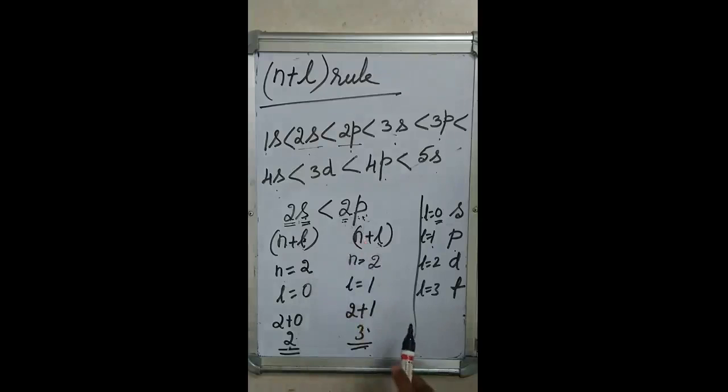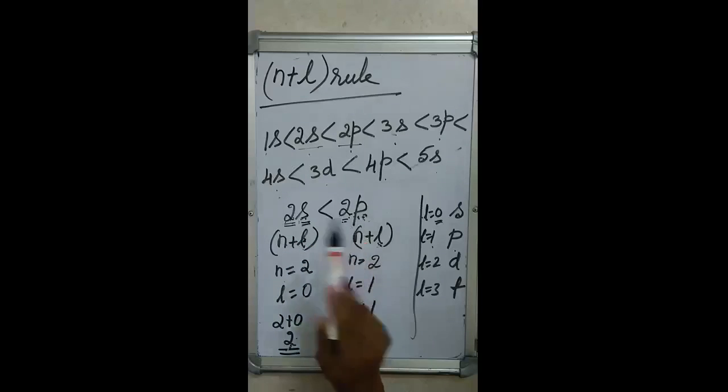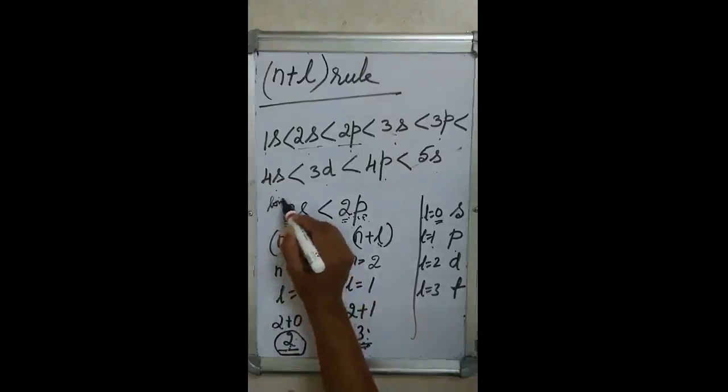I will repeat according to this rule. If two orbitals have different n plus L values, then the orbital having the lower n plus L value is considered the lower energy orbital.